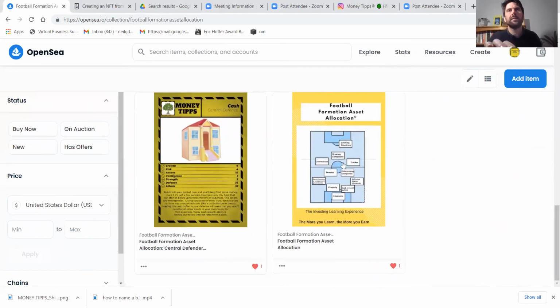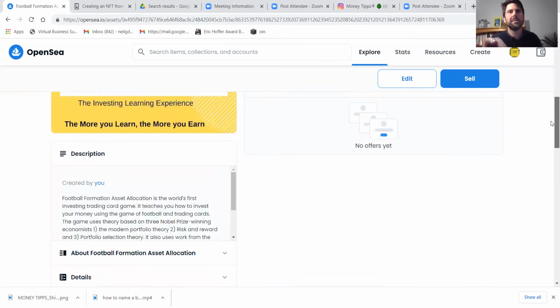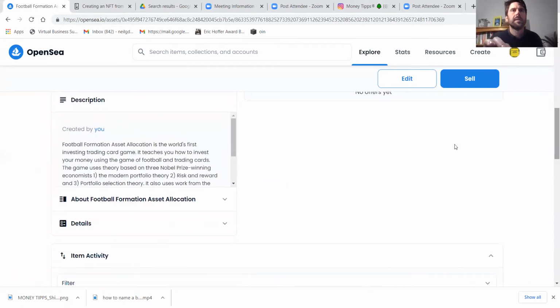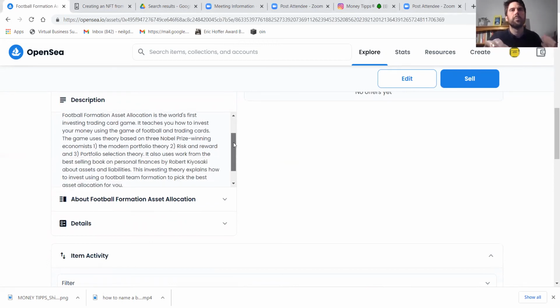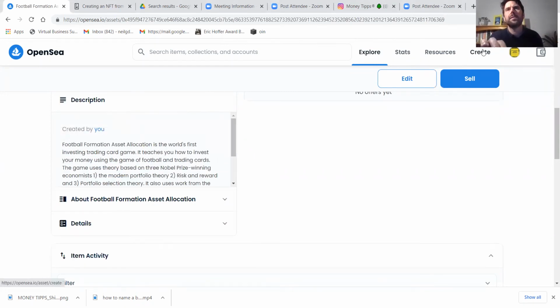This is my Football Formation Asset Allocation Theory, based on Nobel Prize winning economics. It's based on three Nobel Prize winning economists: the modern portfolio theory, risk and reward by Sharpe, and the portfolio selection theory. It also uses some work from Robert Kiyosaki.